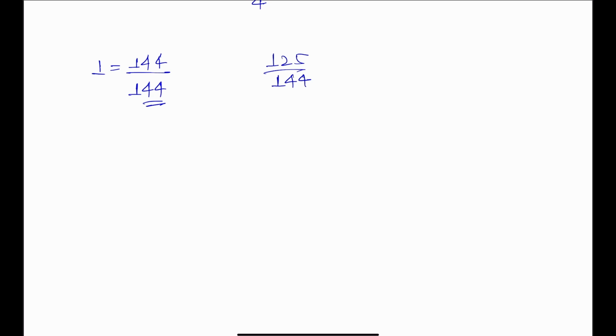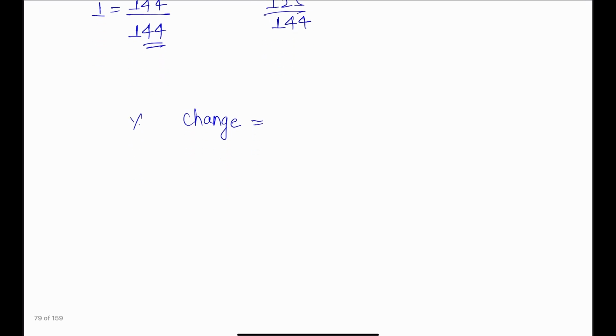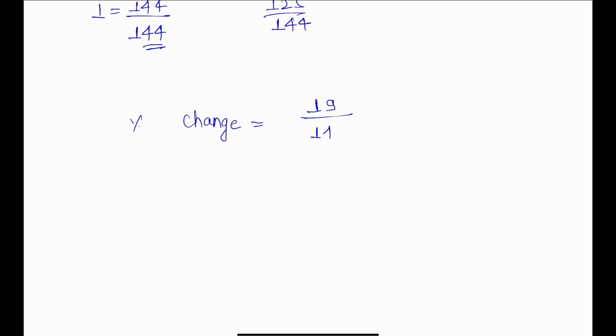Right? So the percentage change in the number, how much is the change? Percentage change will be 144 minus 125, 19 by 144, divided by, with comparison to the initial number, that is 1, multiply by 100.